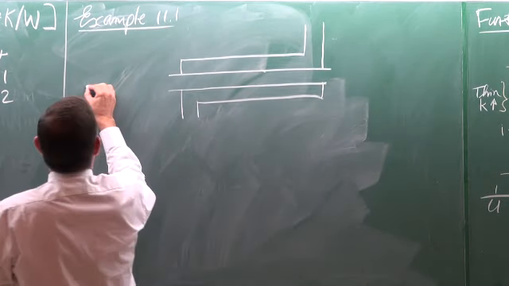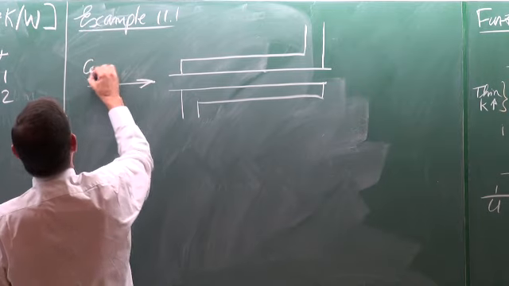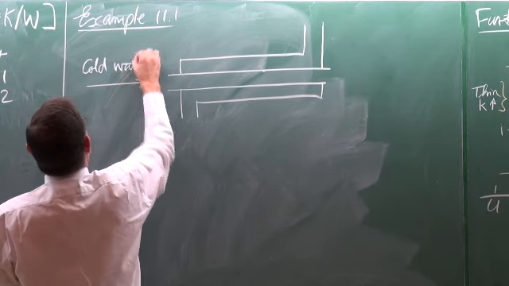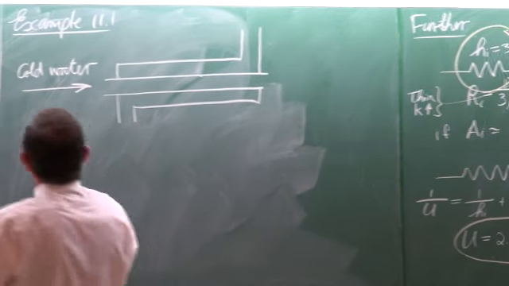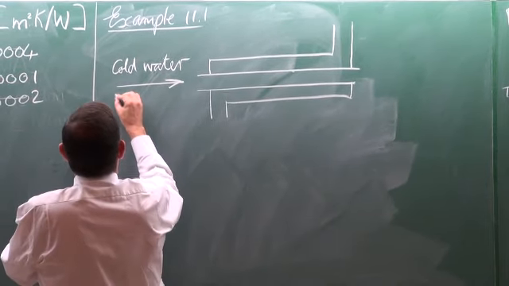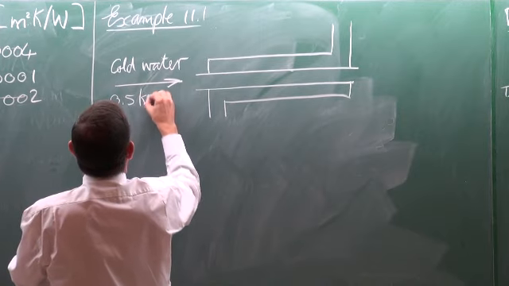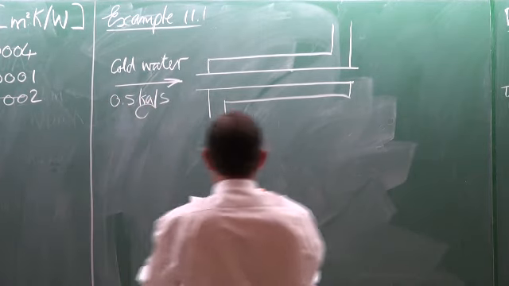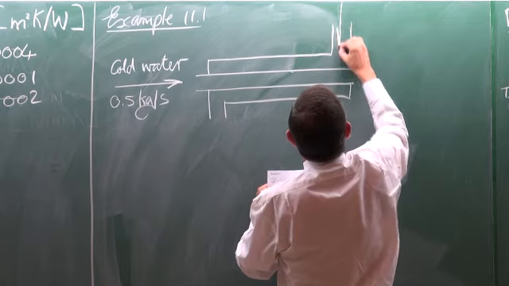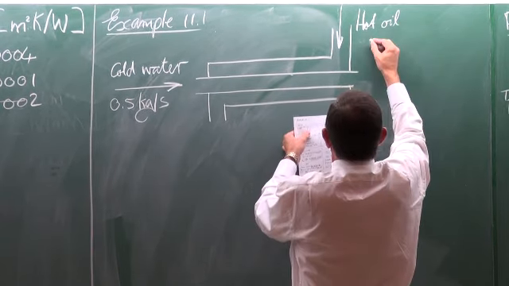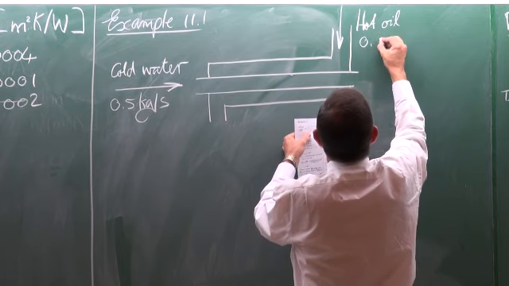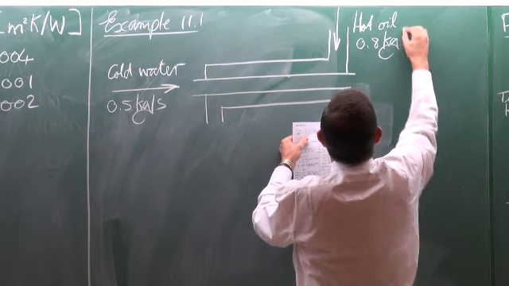Here we've got cold water, and obviously cold is a relative value. The mass flow rate of the cold water is 0.5 kilograms per second, and here we've got hot oil with a mass flow rate of 0.8 kilograms per second.